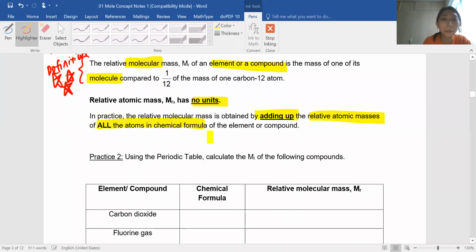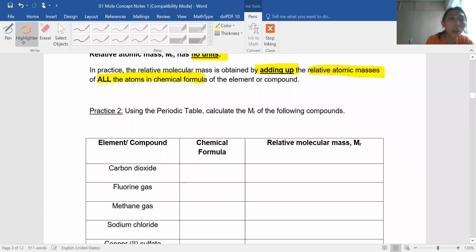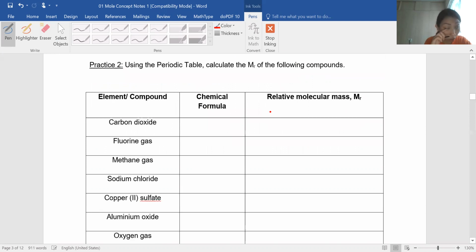Let me show you an example. What's the formula of carbon dioxide? Very good, if you remember, it's CO2, carbon dioxide. How many carbon do I have? I have 1 carbon and 2 oxygen. Recall our relative atomic mass: we find the bigger number from the periodic table.